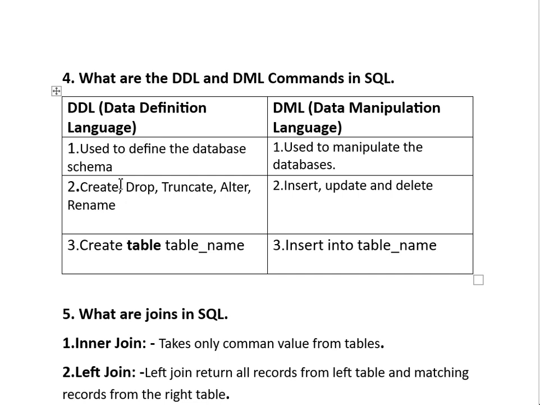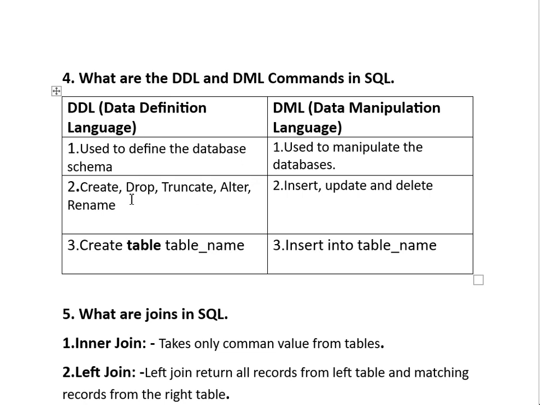In DDL we have create, drop, truncate, alter, rename. When we use these commands, they define the database. And DML is Data Manipulation Language, which is used to manipulate the database. In this, the insert, update and delete commands come.